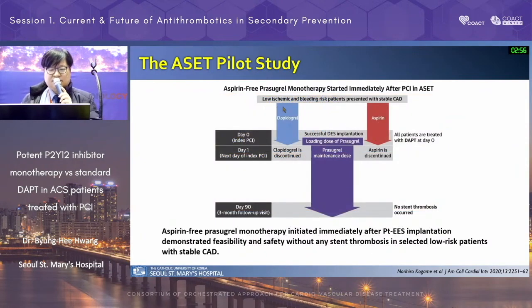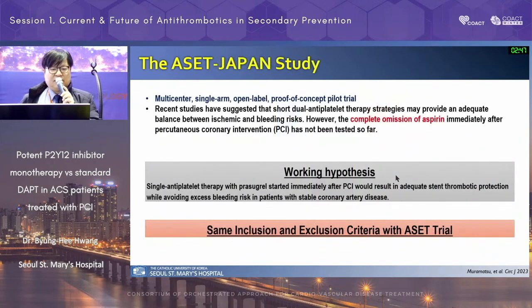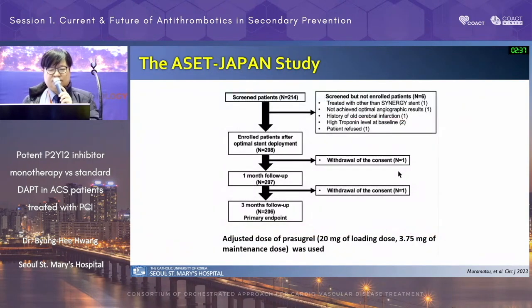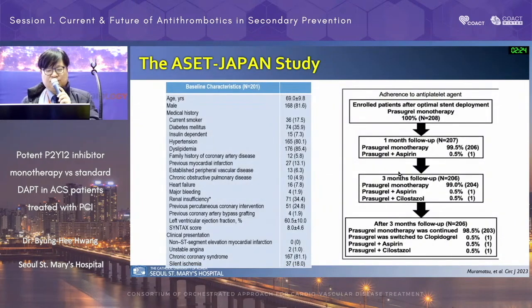So it was like this: clopidogrel and aspirin loading, then after the PCI, only prasugrel monotherapy. In Japan, they made this into a larger study, not a pilot study. You can see 214 patients with 1 month and 3 months follow-up. In this group, prasugrel 20 milligrams loading dose and 3.75 milligrams maintenance dose was used.